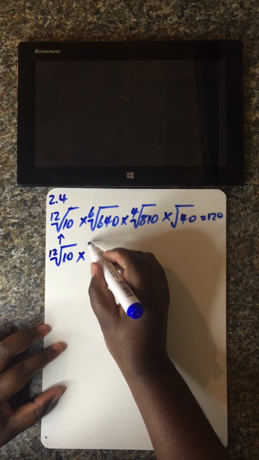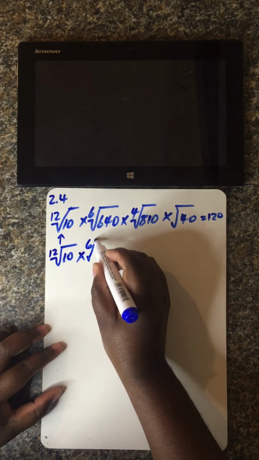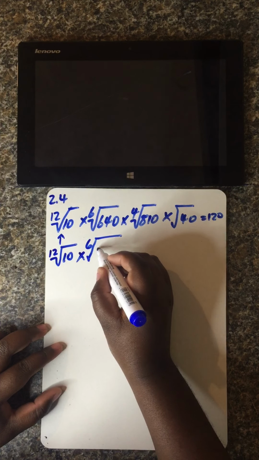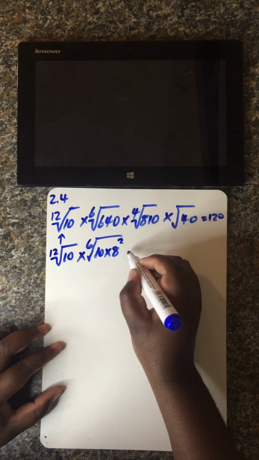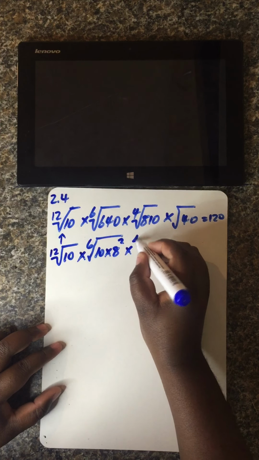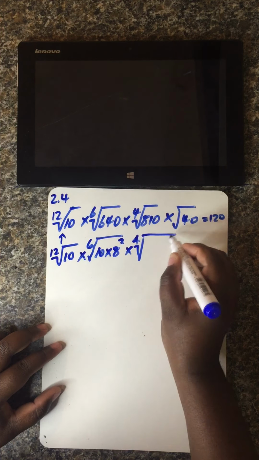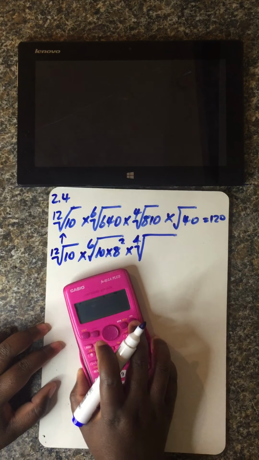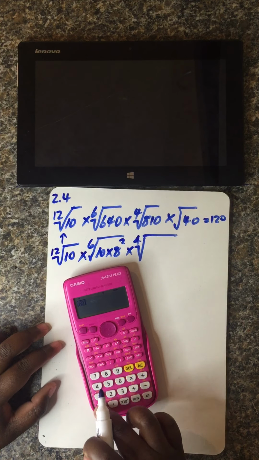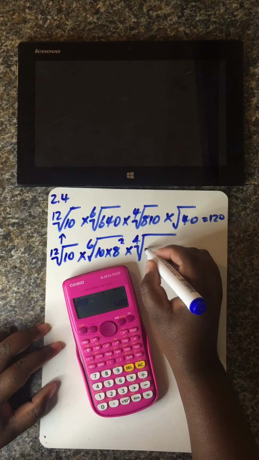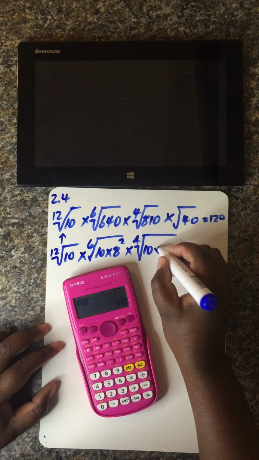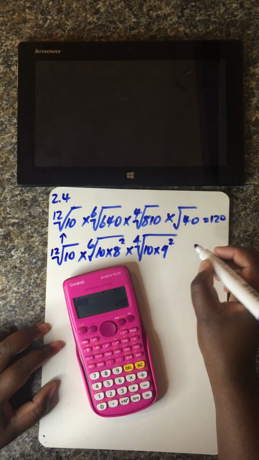So that means this is the same as 6 square root of, let's say, 10 times 8 squared. We also do the same on this side. We just punch the square root of 810, which is equal to, can you see, 9 square root of 10. We notice that it is the same as 10 multiplied by 9 squared.